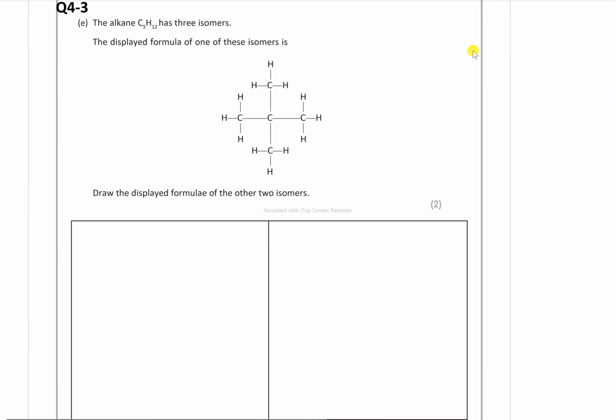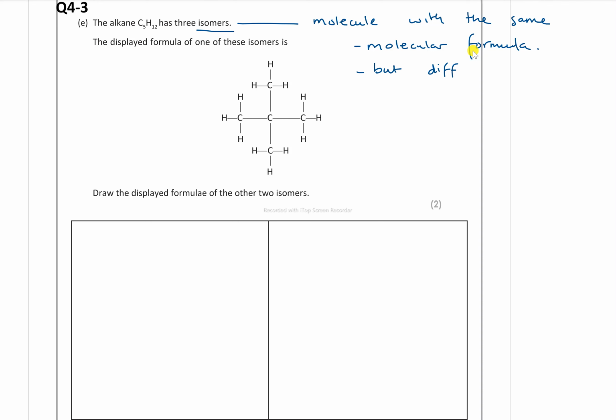So you've got, what is an isomer? An isomer is a molecule with the same molecular formula, but different structural, or I like to use the word displayed formula, but they're both acceptable.